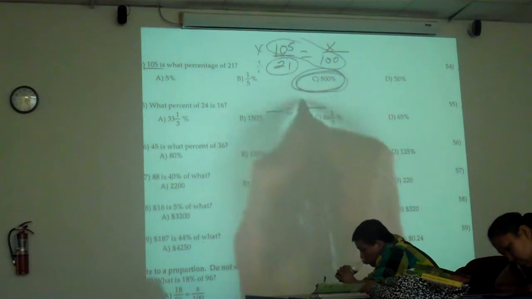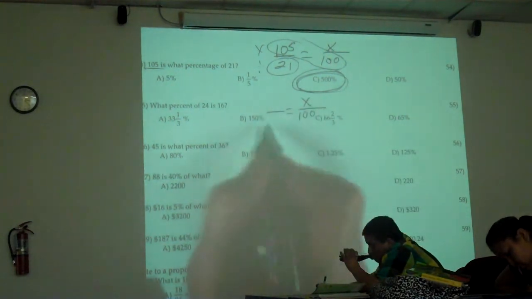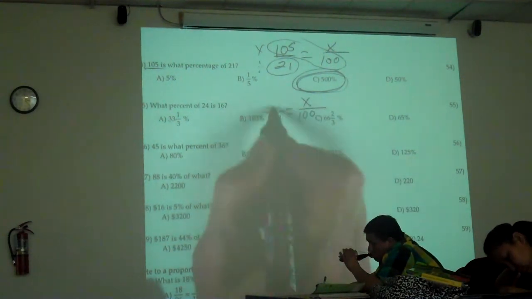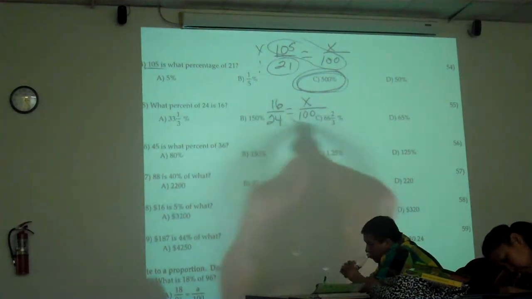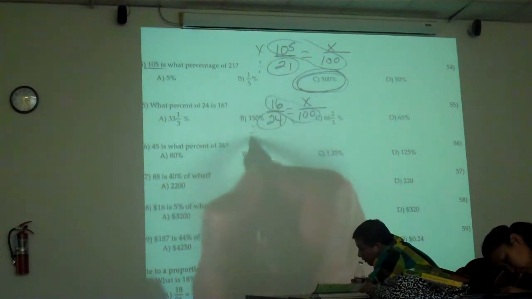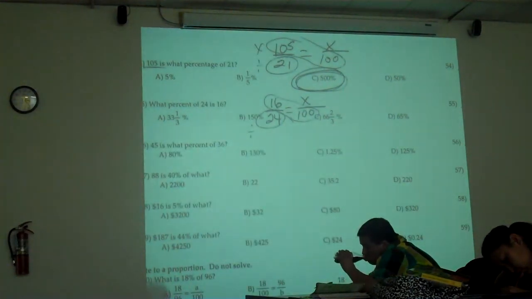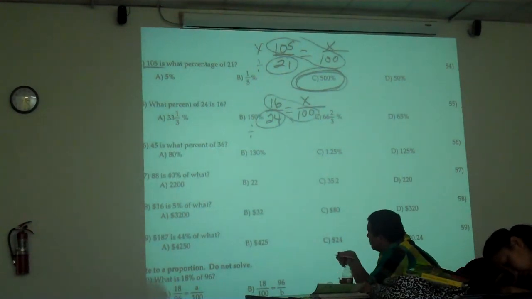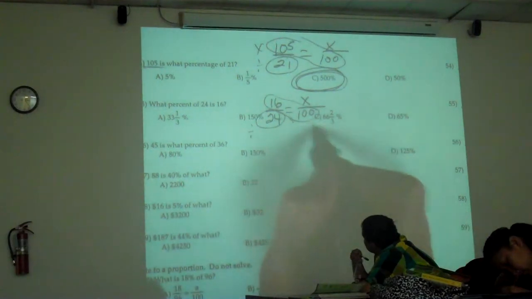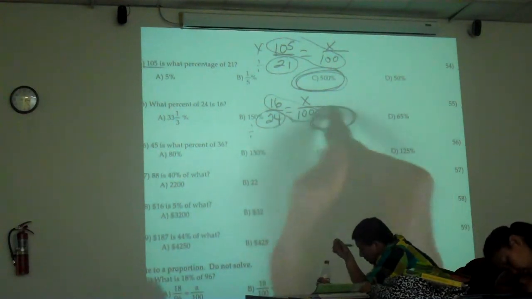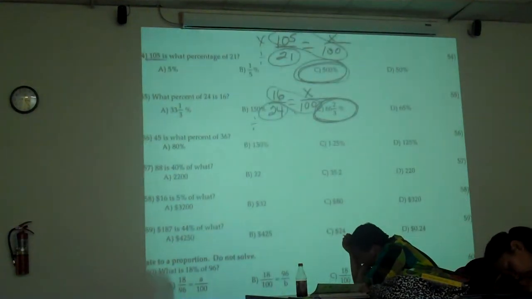Okay? What percent of 24 is 16? 1600 divided by 24. 66.6 repeating. 0.6 repeating is 2/3.